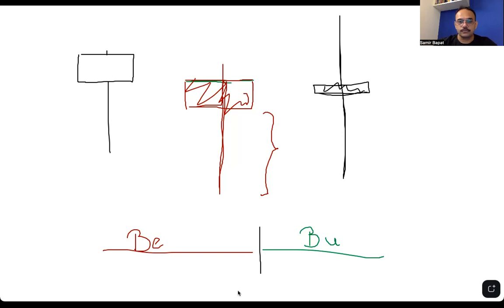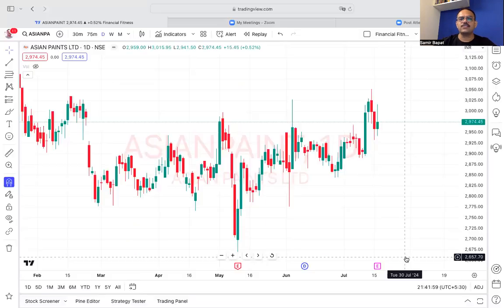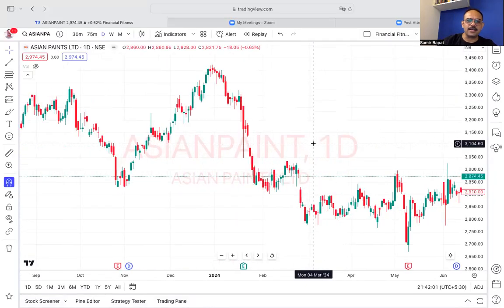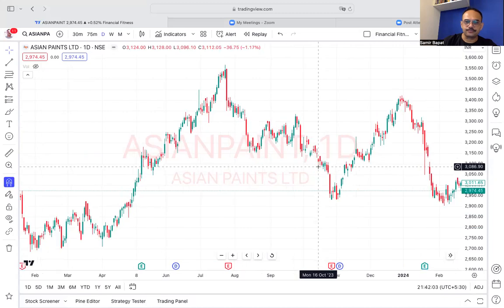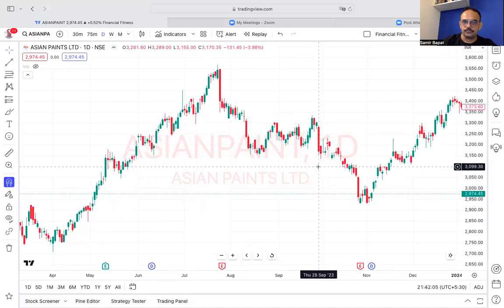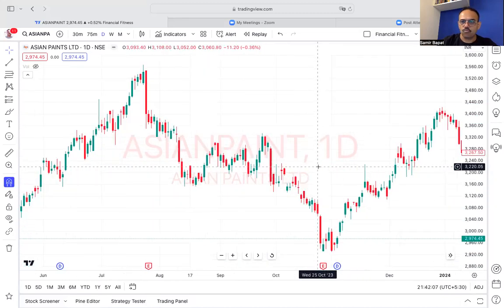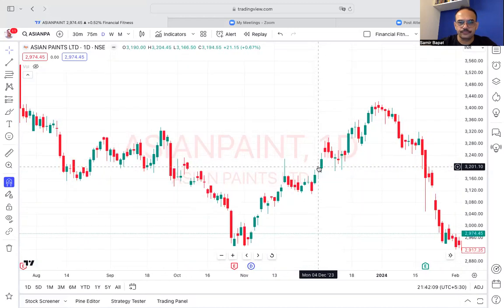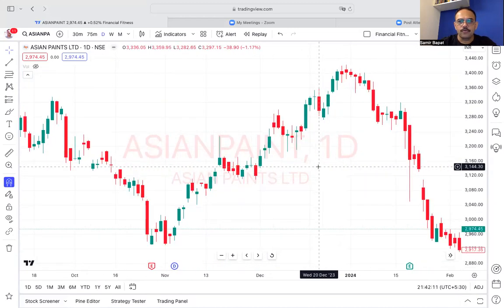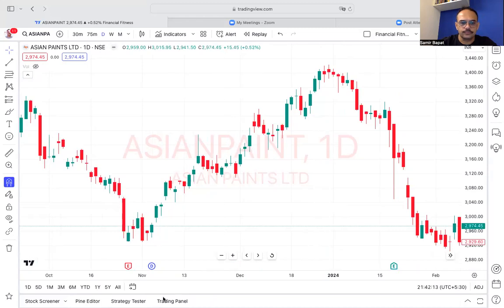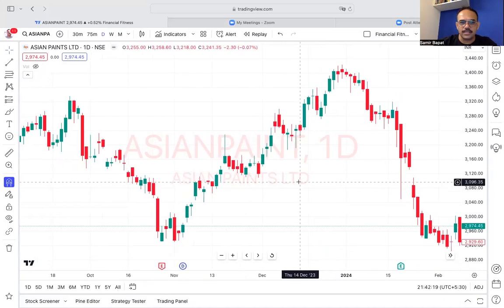Now, if we look at the chart, this is the Asian Paints chart, and I'll go a little bit back. Okay, now you can see the chart.